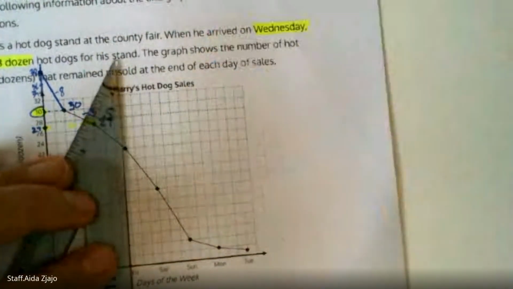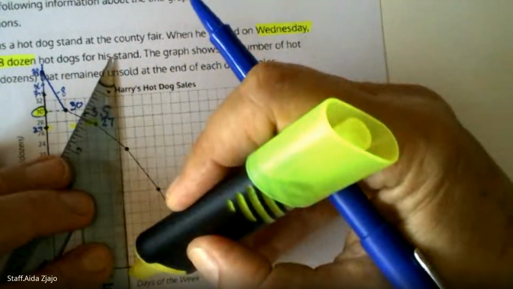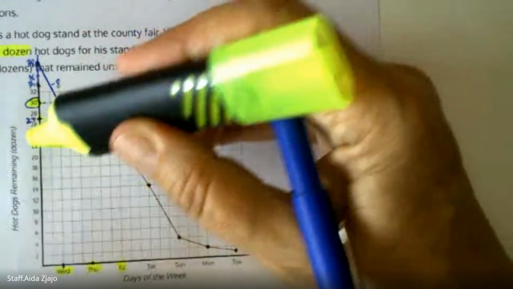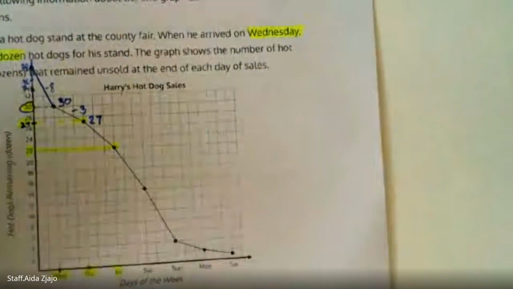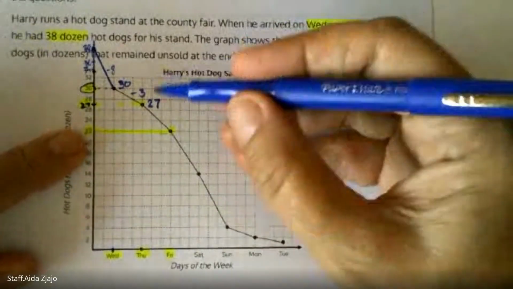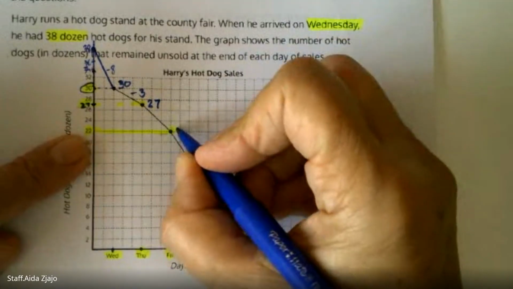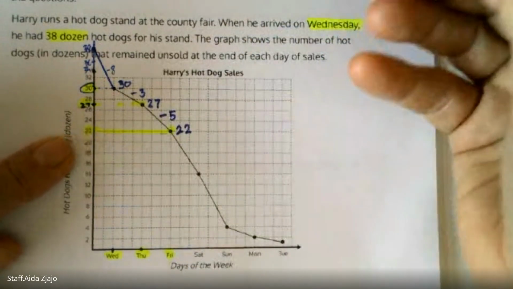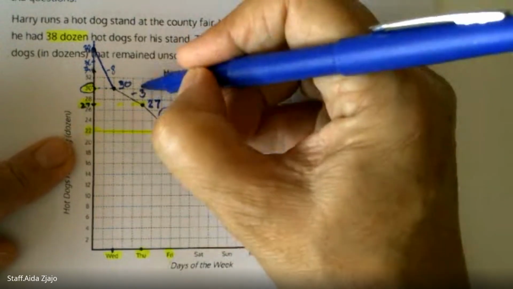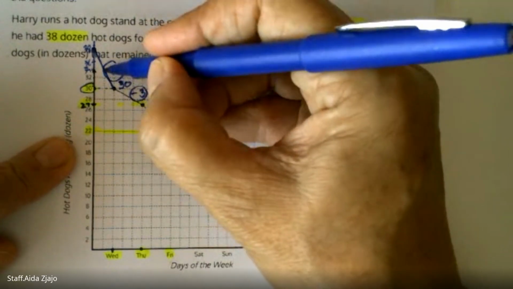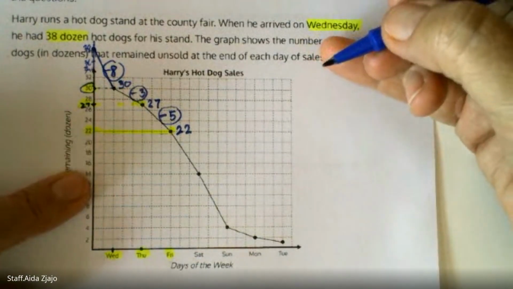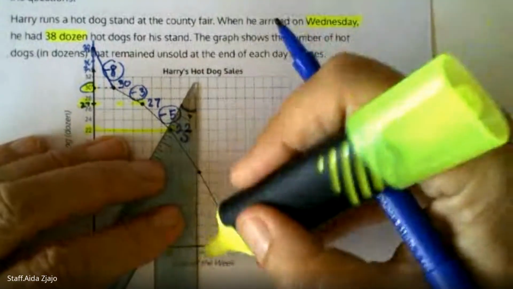Then if I look at Friday, I can see that Friday he had 22 at the end. So from 27 to 22, he sold 5 hot dogs. I'm going to circle how many he sold. I put -8, -3, -5, so we know that. All right, next Saturday.